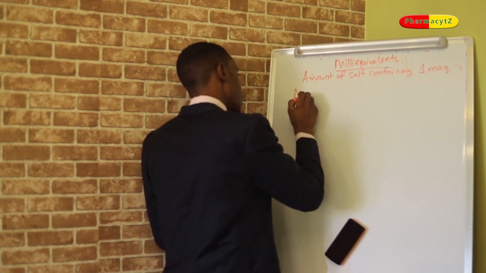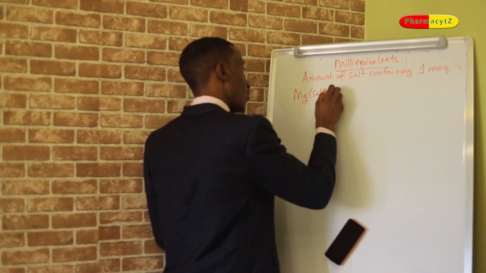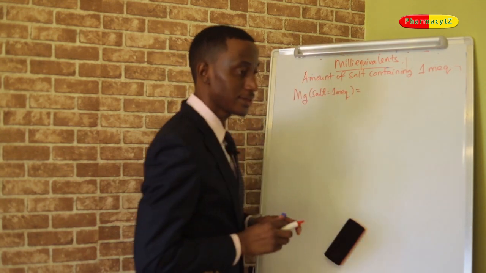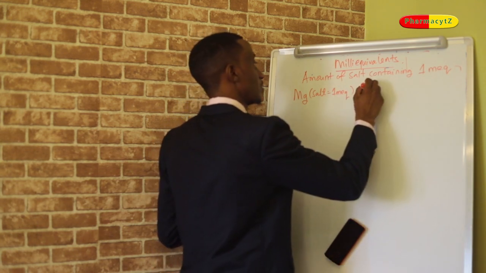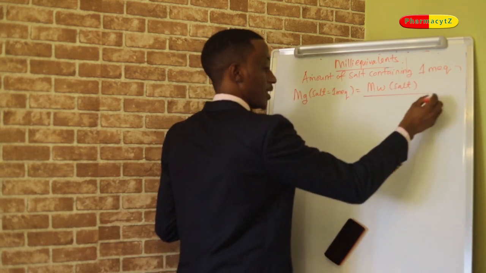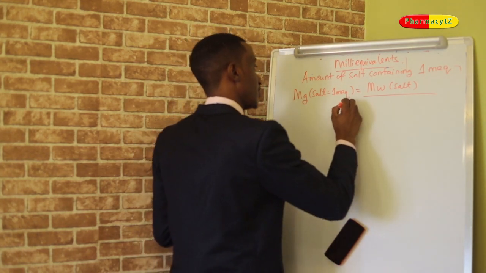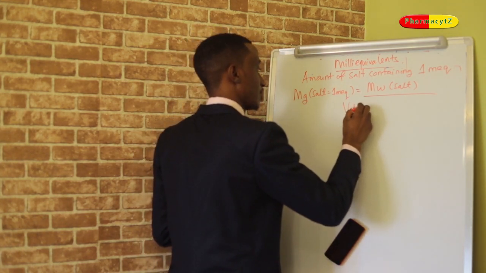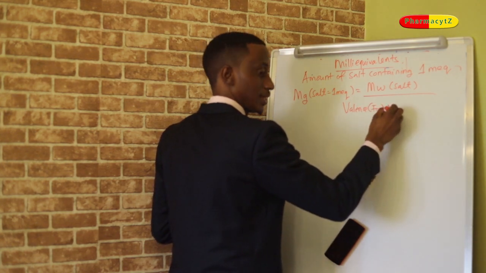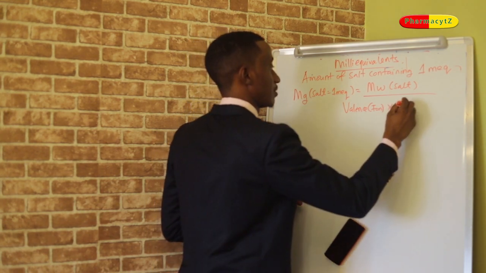The milligrams of salt containing 1 MEQ are calculated by taking the molecular weight of the salt divided by the valence of the specified ion, times the number of specified ions.